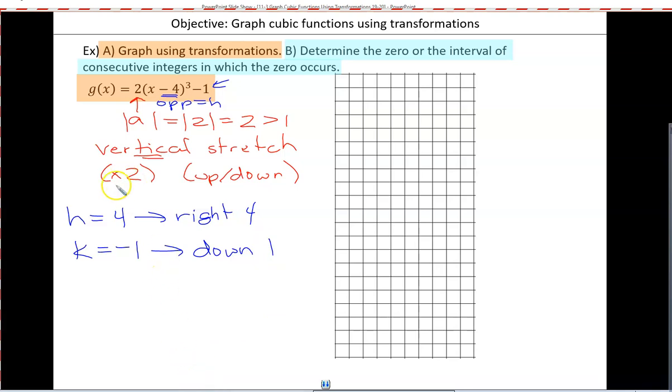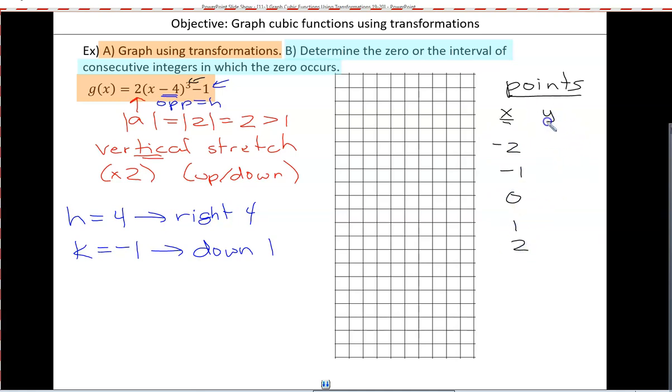So what are we doing these transformations to? What points? The points that we're going to have to use are the key points from our cubic function, because we have that exponent of 3. So the points that we have to transform come from taking the x values that are the integers from -2 to +2. So -2, -1, 0, 1, 2.